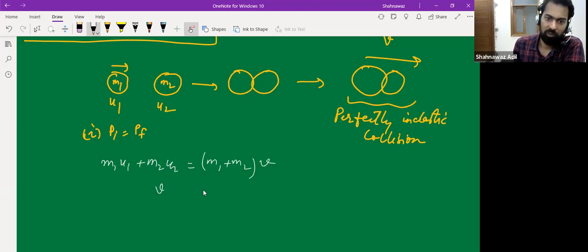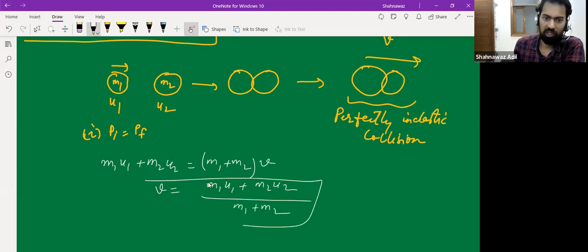Right. So your v will be m1 u1 plus m2 u2 by m1 plus m2. So this is the velocity for the inelastic collision. And then what will be the kinetic energy?